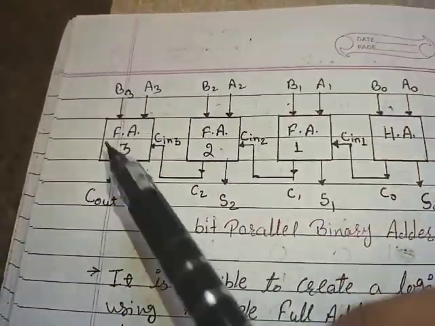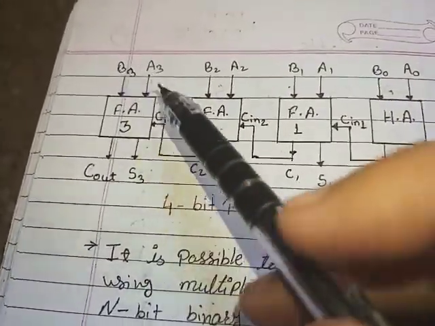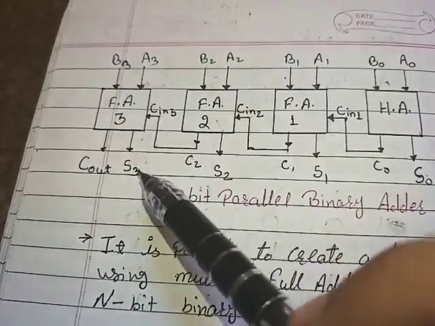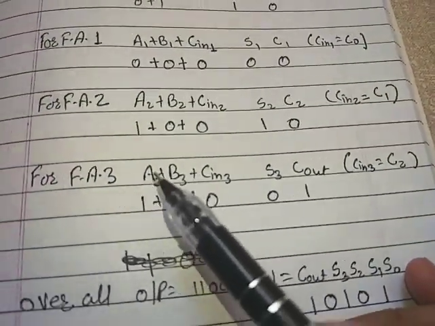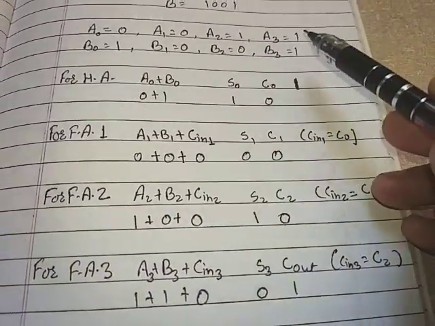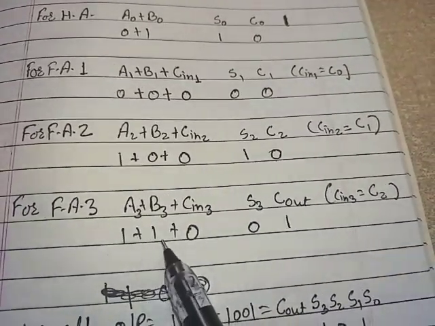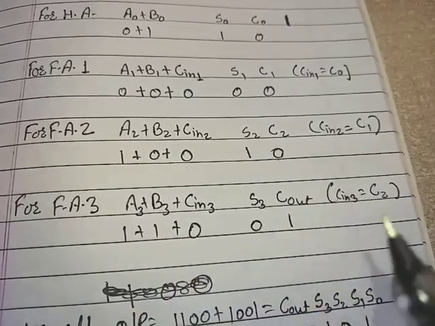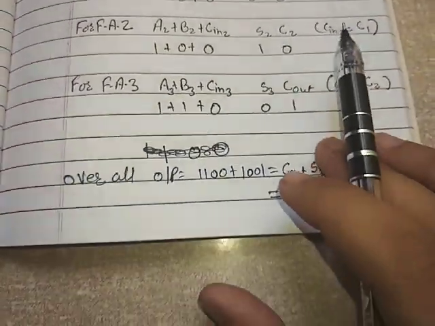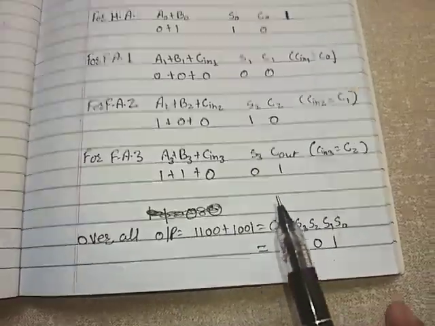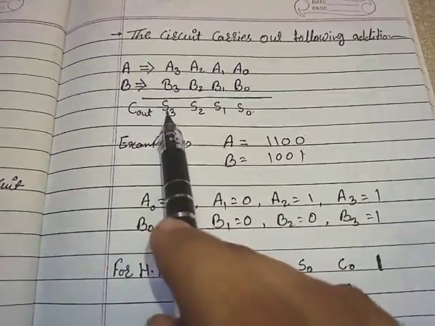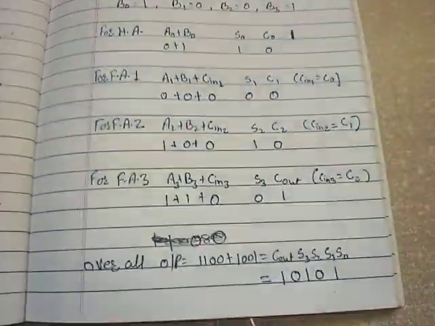For the third full adder, A3, B3 and C in 3 are the inputs, S3 and C out are the outputs. A3 is 1, B3 is 1 and C2 is 0. So 1 plus 1, sum is 0, carry is 1. Now the overall output is C out, S3, S2, S1 and S0.